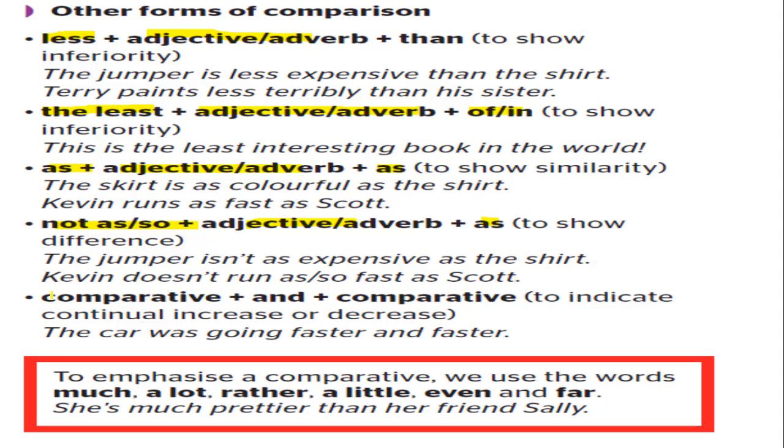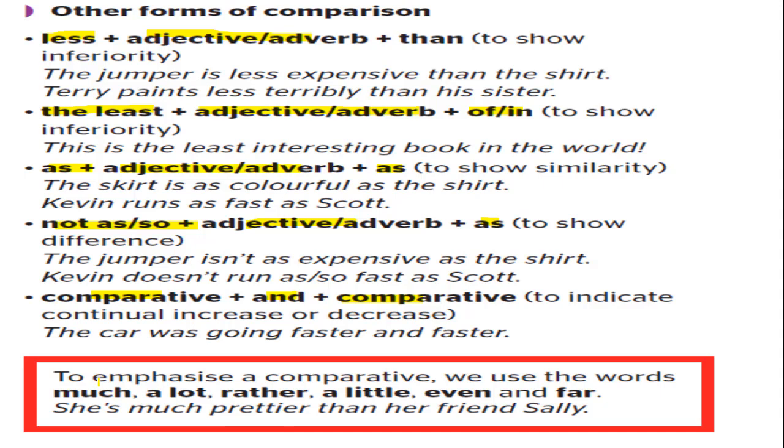Another structure is to use a comparative and a second comparative to indicate a continual increase or decrease, meaning an evolution or a change. The car was going faster and faster.